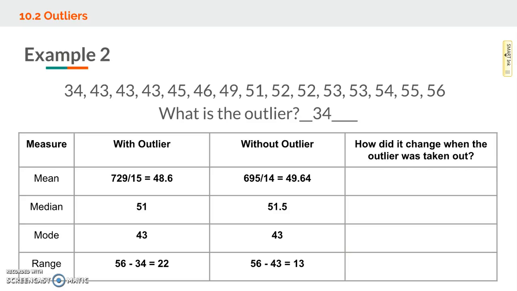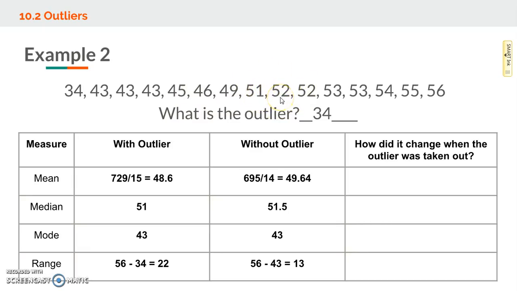So we're going to take the 34 out. Taking that 34 out, when I add up the other numbers, I get 695. And instead of 15 numbers now, we get 14 numbers for a total of 49.64, rounded to the nearest hundredth. When we took our 34 out, go ahead and count to the middle. This time, the middle lies between 51 and 52.